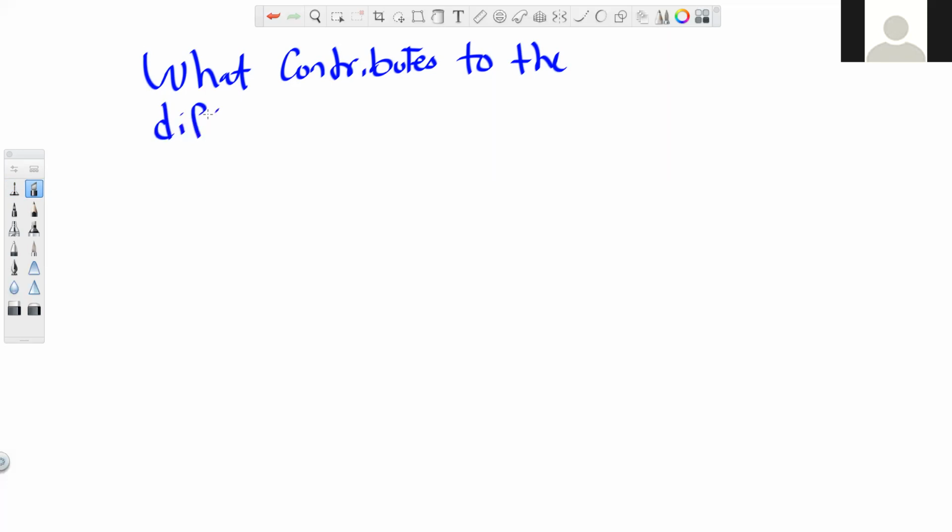And here I'm going to put it in blue. I'm going to decorate it and glorify it and ask you, what do you think contributes to the difficulty of a search problem?